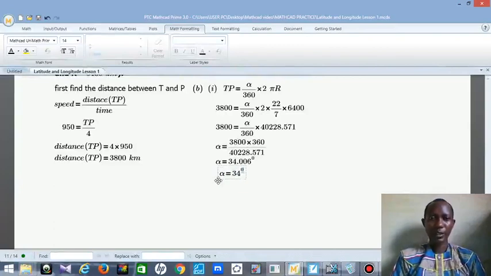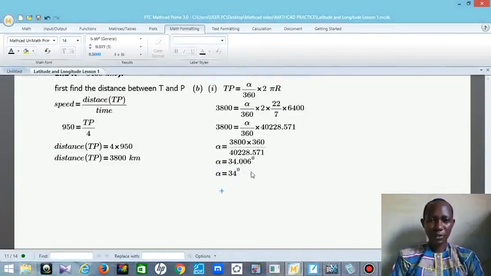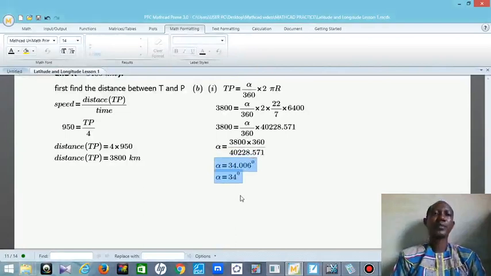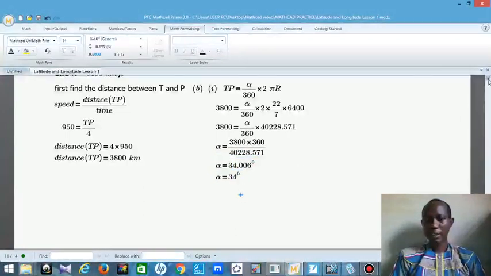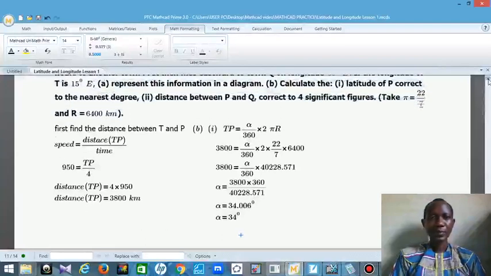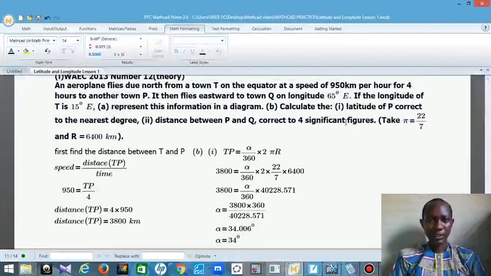So this is the answer for the latitude. That is the first solution to this question, so take note of this. Calculate the latitude of P correct to the nearest degree: the latitude of P is 34 degrees.